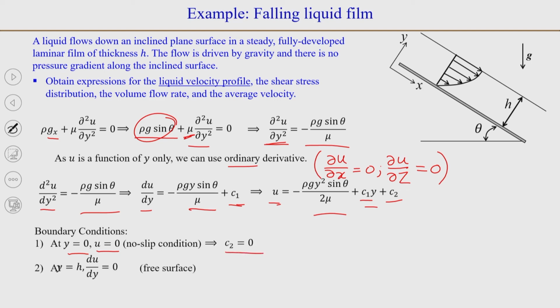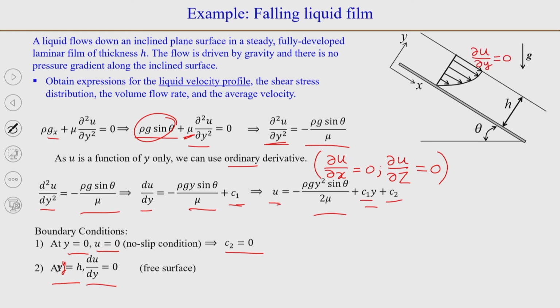Now, at the free surface, at y is equal to h, we have du by dy is equal to 0, because we just saw when we discussed the boundary conditions on the free surface, at the gas liquid interface, the velocity gradient in the liquid film can be approximated to be 0.